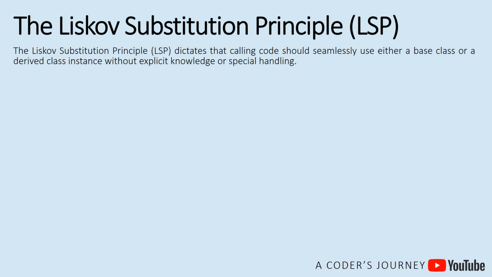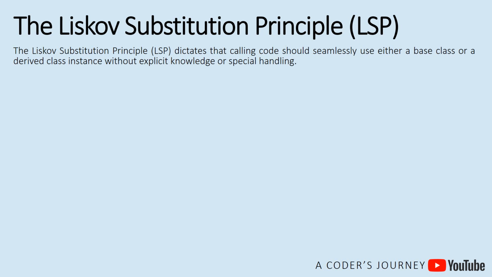So calling code seamlessly uses an instance of a base class or a derived class, right? Without being aware of it, or without being forced to check whether this object is an instance of a base class or a derived class. So this means Liskov substitution.